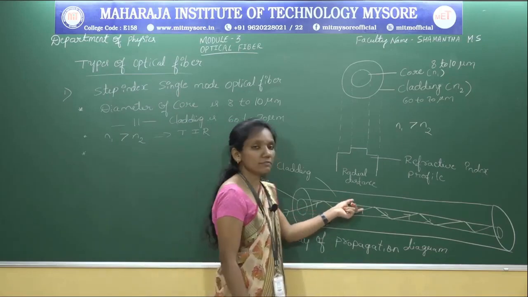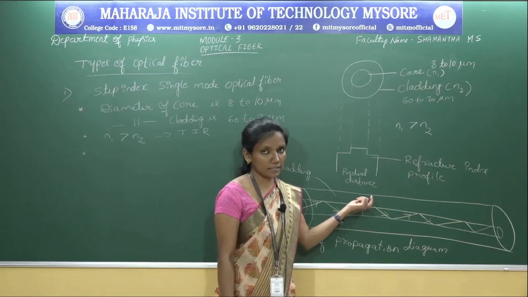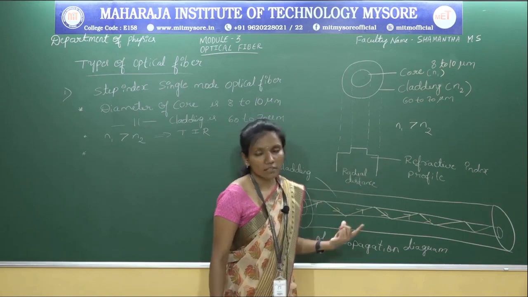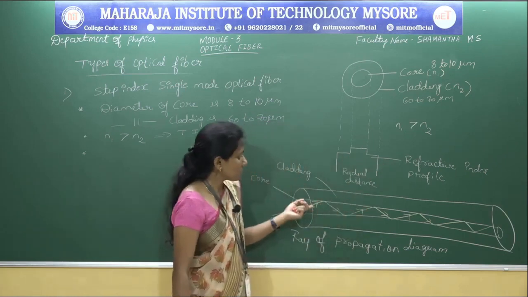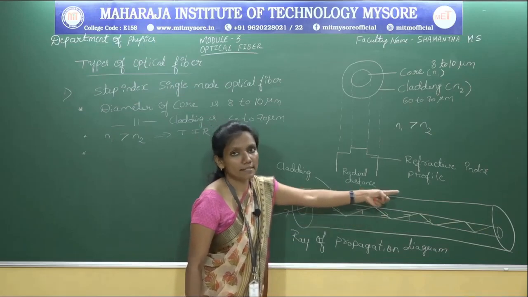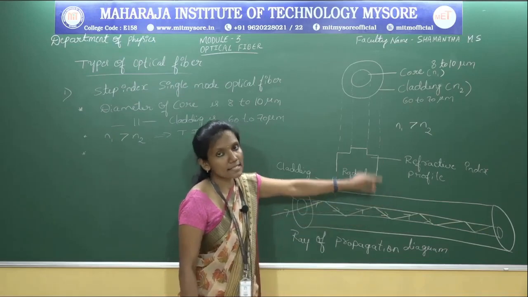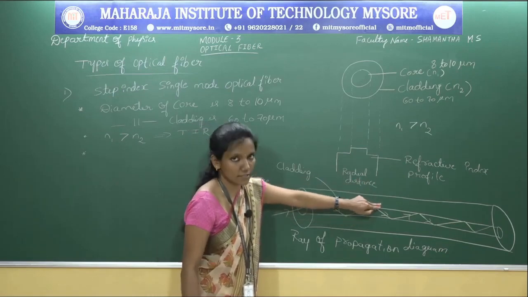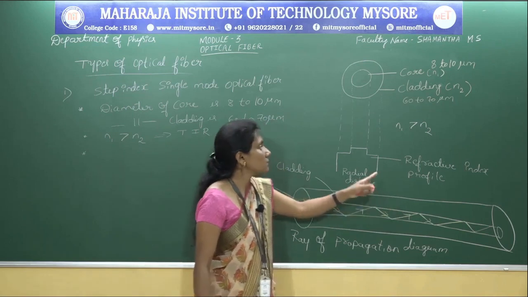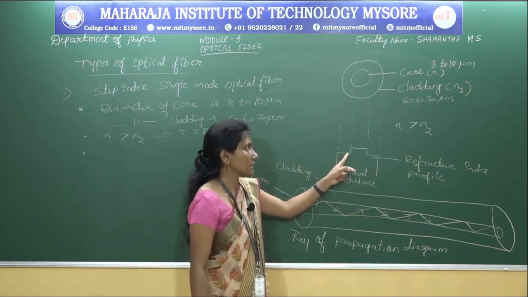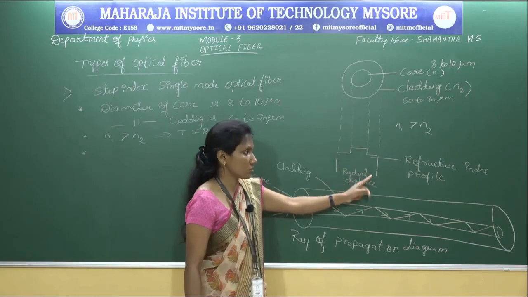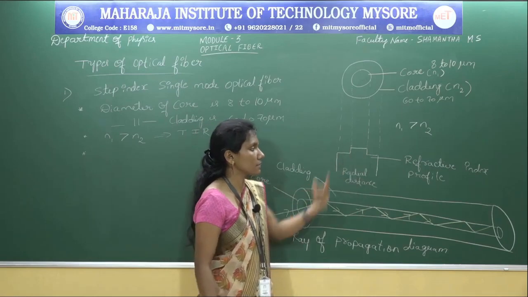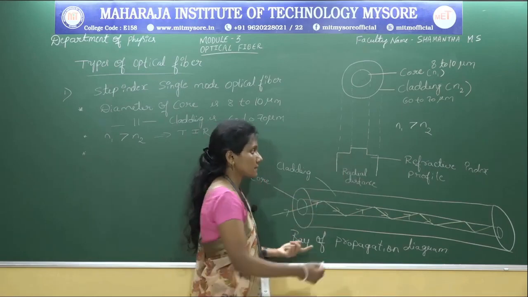Initially the core refractive index must be greater, but at the interface there is a sudden change in the refractive index of core and cladding. So the light signal takes a step-like structure, and that's why the refractive index profile is like this.